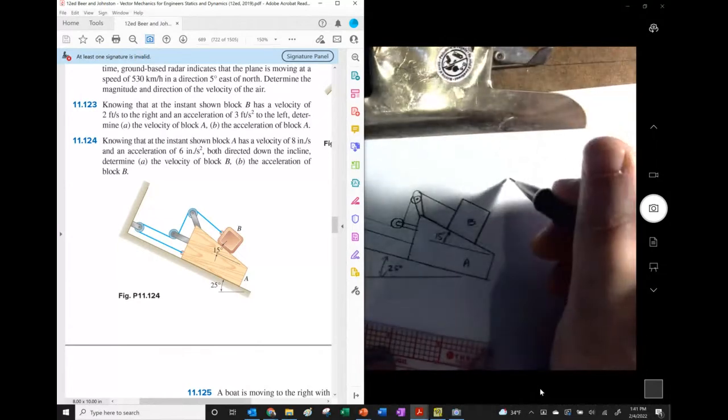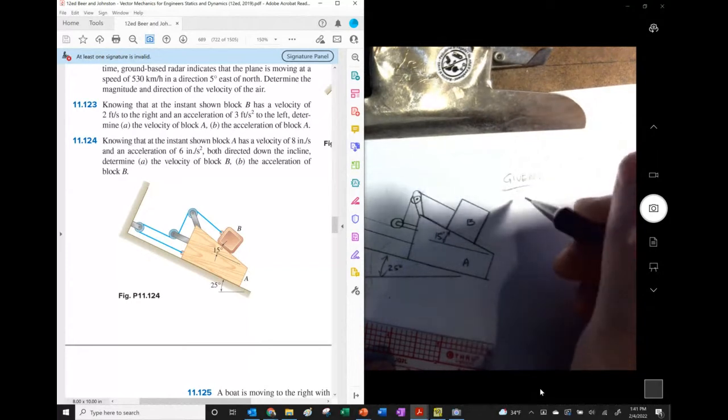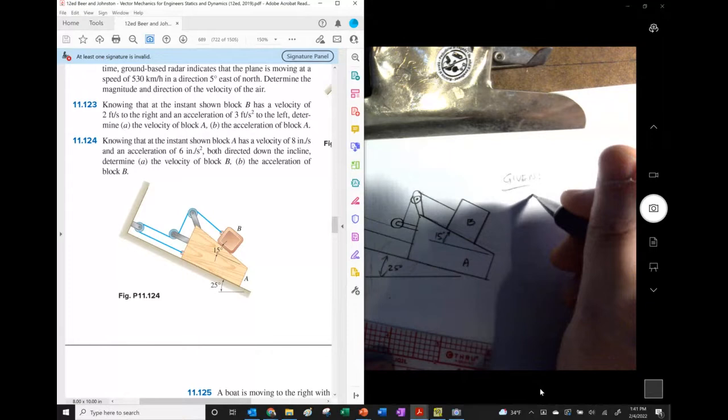And let's give us the givens here. They tell us at the instant shown, block A has a velocity of 8 inches per second. And they don't tell us what direction that is. Oh, both directed down the incline. They did. Okay.